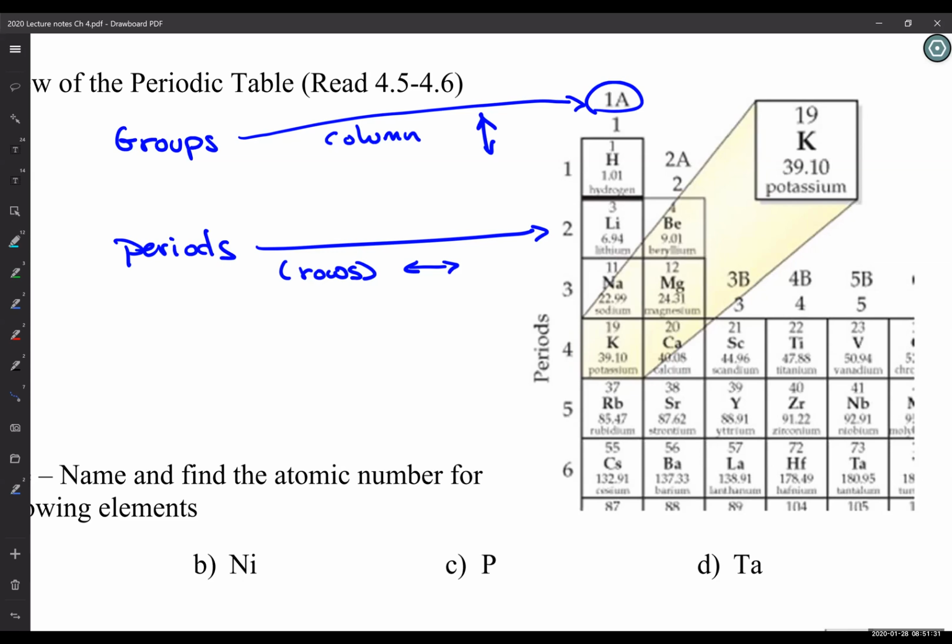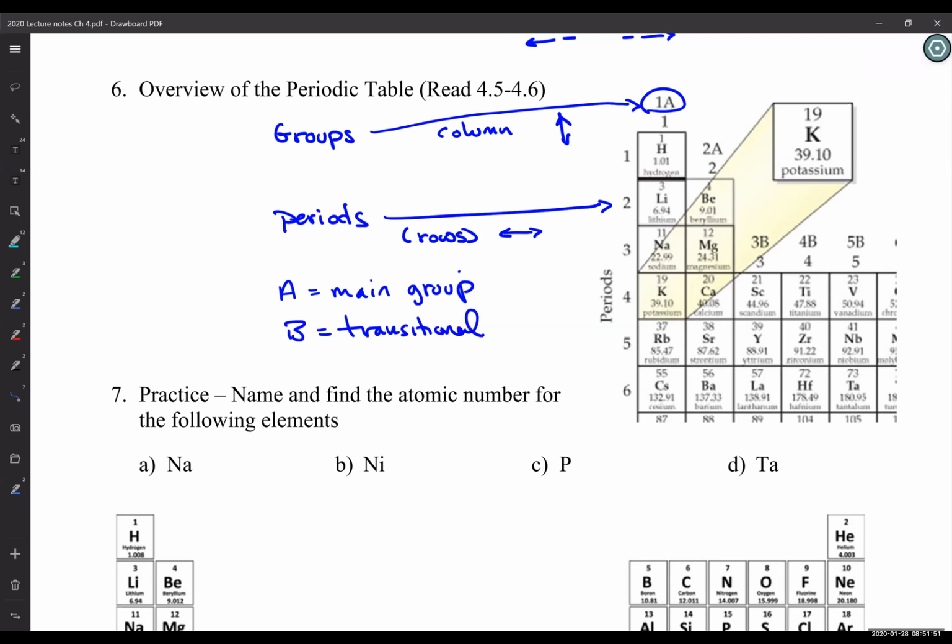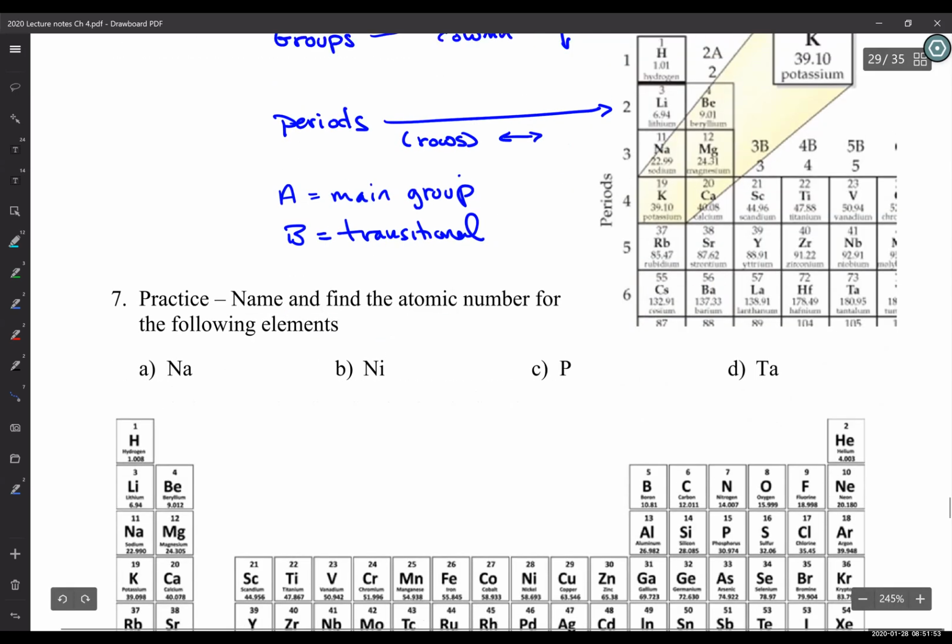The A's in the big picture are known as the main group. And the B's are the transitional groups. And I'll explain that again more later. And on this periodic table here, we're going to write some of that stuff across here.